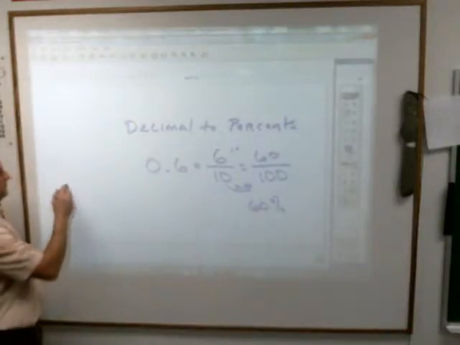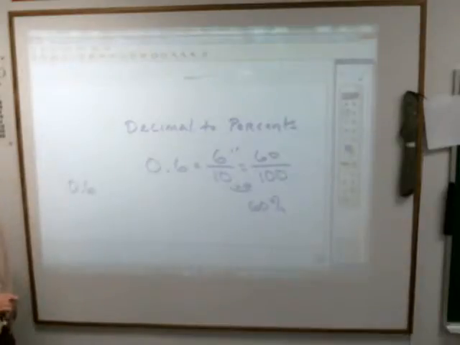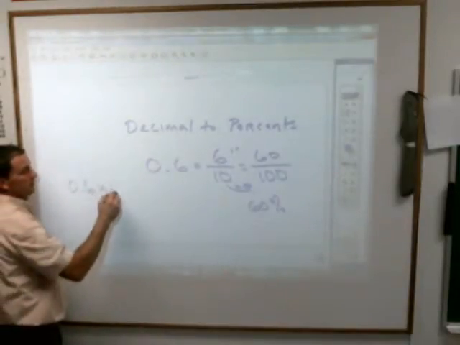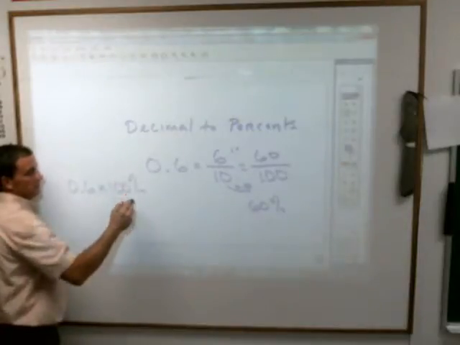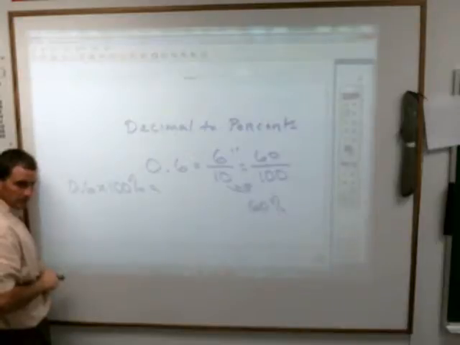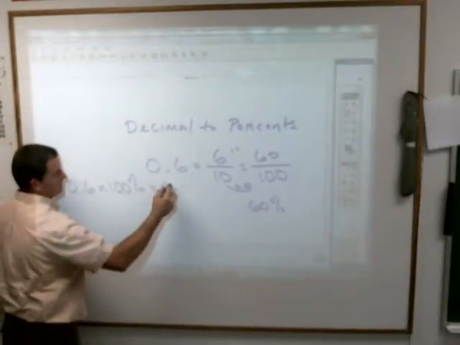Oh, absolutely. If you remember yesterday, I believe we talked about this. One way to change anything to percents is to multiply it by 100%. And if you multiply 0.6 by 100, you get 60%.